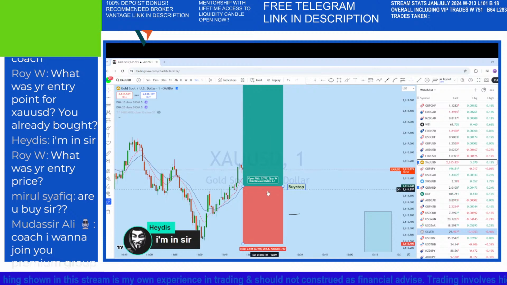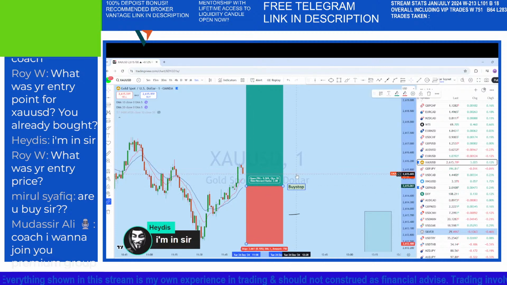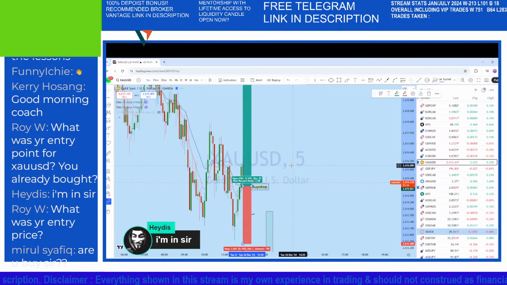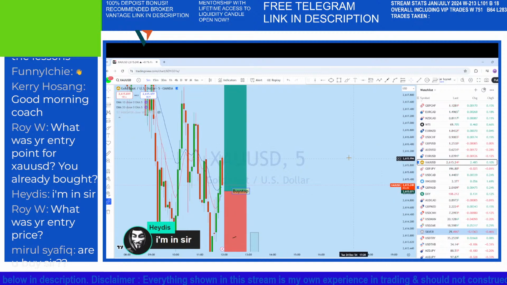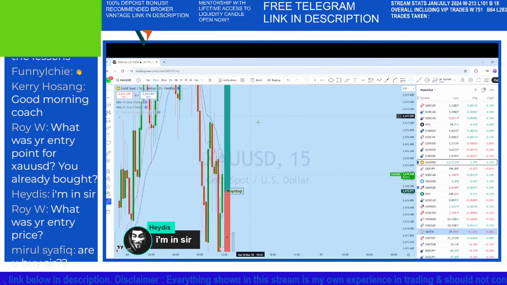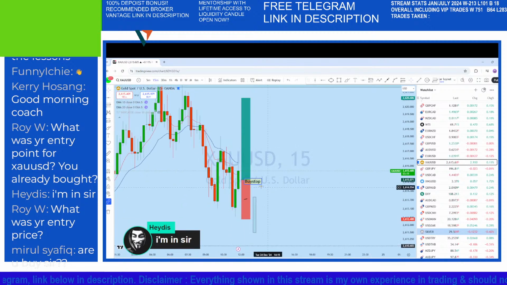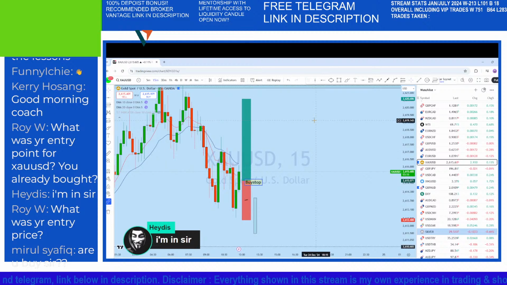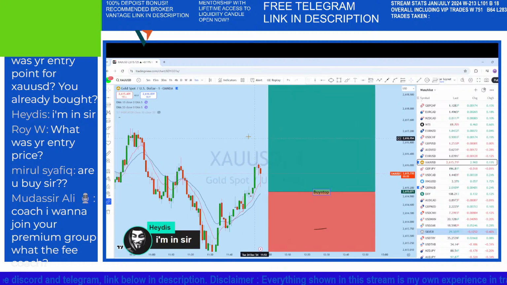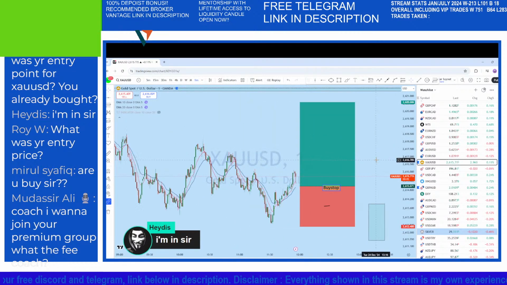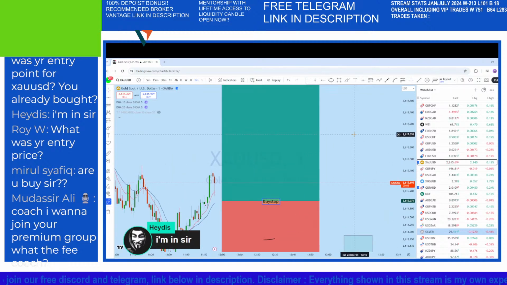Well, there is a narrow doji here. Okay, so expecting it to have a bounce to that level.